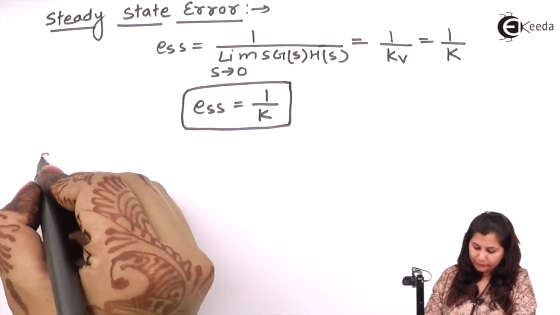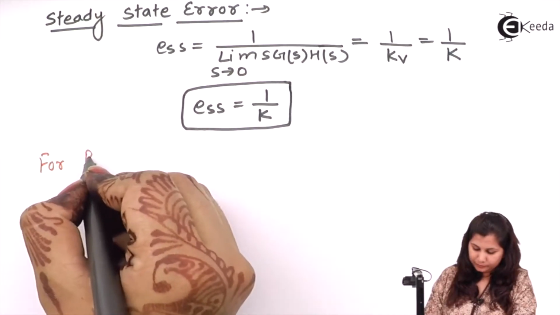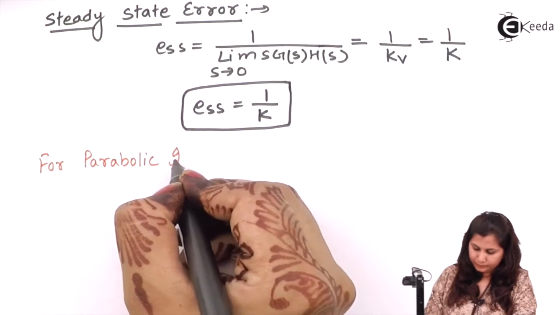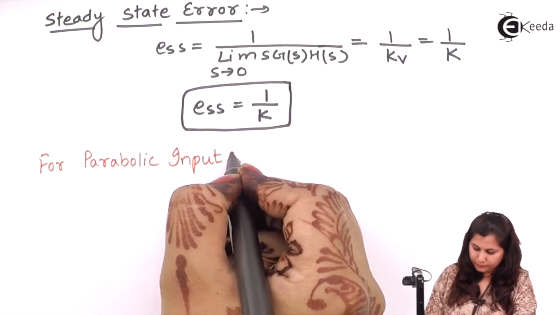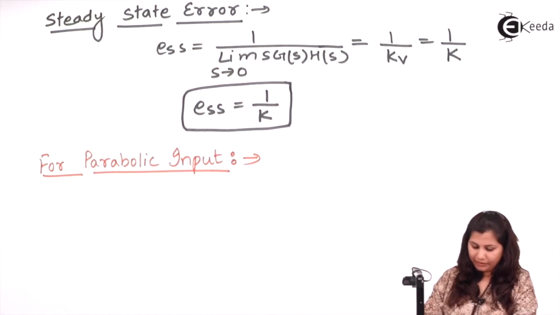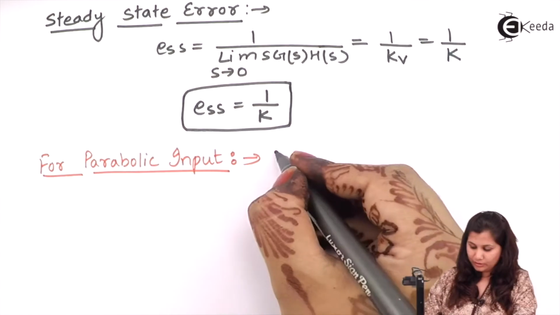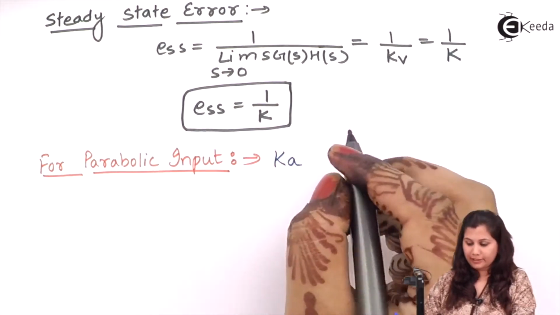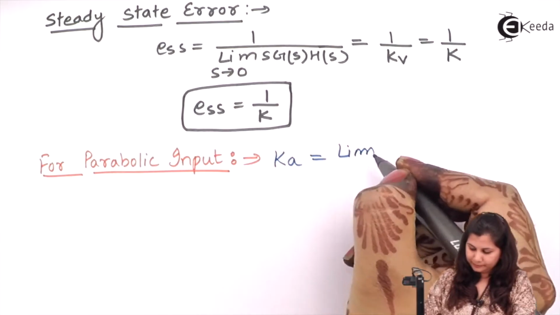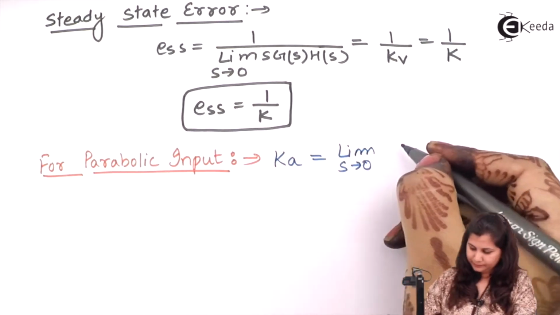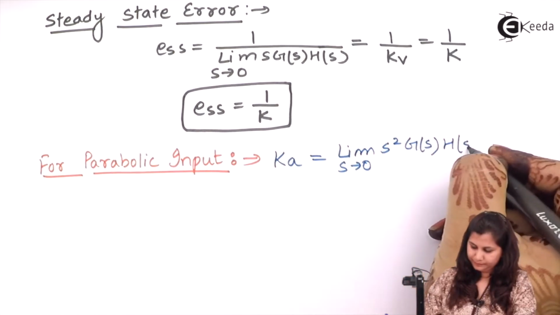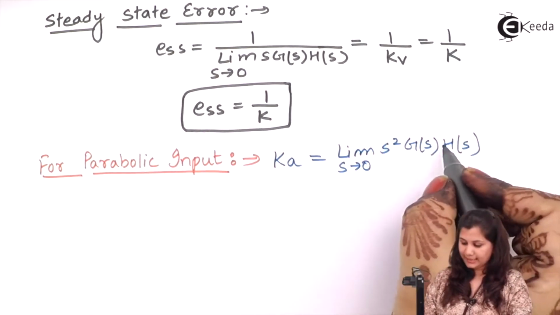So for parabolic input, we have the static acceleration error coefficient as limit s tends to 0 of s square GsHs.